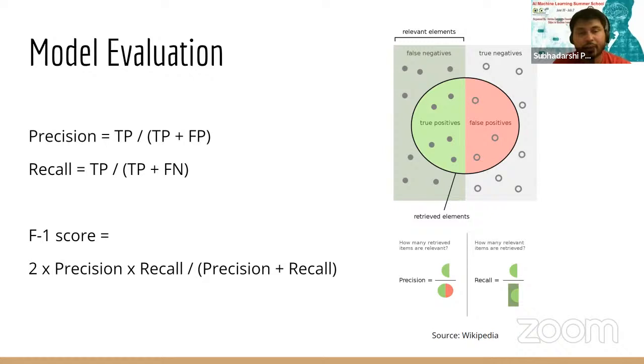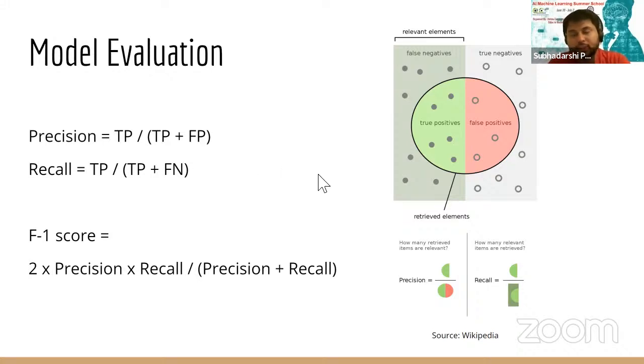But accuracy is not a great metric when the data is imbalanced, which means there are different numbers of samples for different classes. In those cases, it is recommended to use other metrics like precision and recall, and also F1 score. For all these metrics, higher is better. So we should aim for higher precision, higher recall, and higher F1 scores.